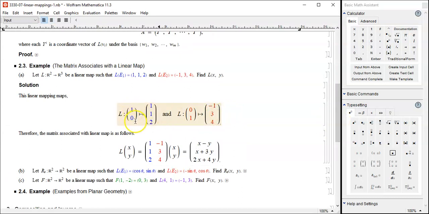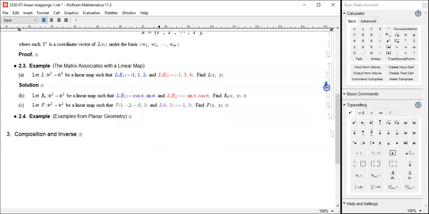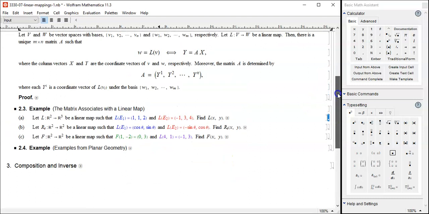You see, 1, 0, that E1 is going to 1, 1, 2, and E2 is going to negative 1, 3, 4, and those are columns. Make sense? That's how you determine the matrix associated to a given linear map.